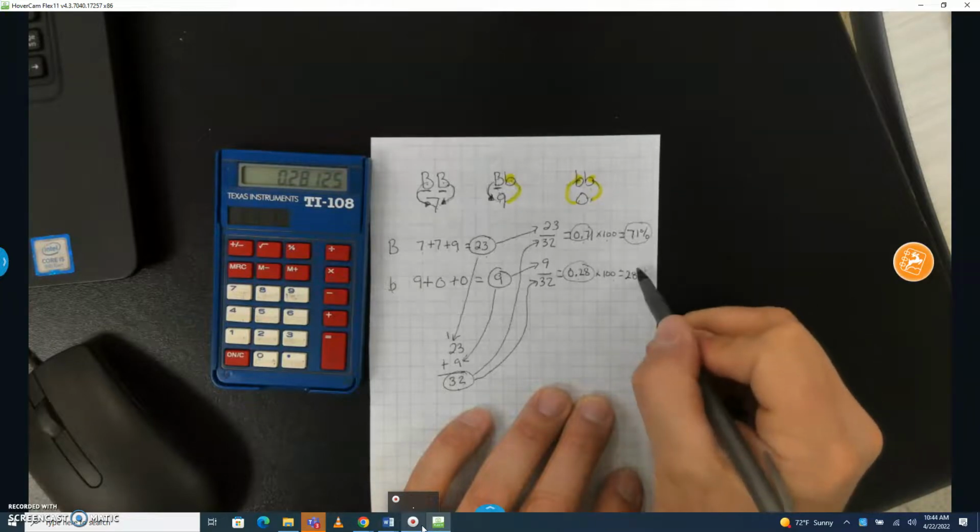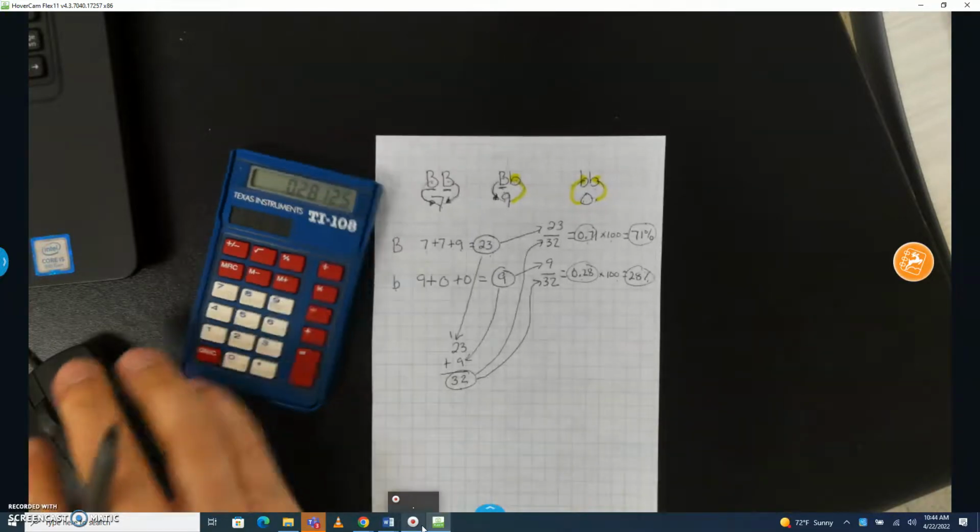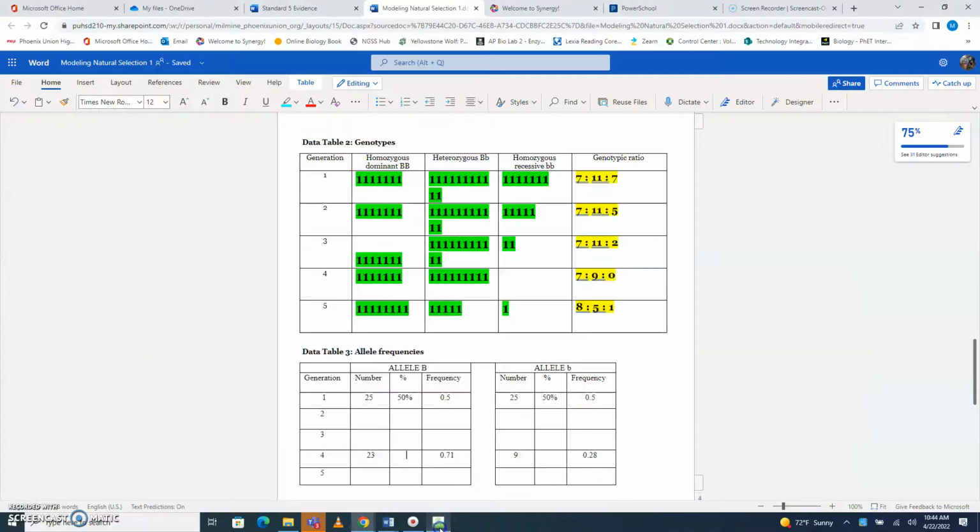Now this and this will help me complete that row. So I got 71% and I got 28%.